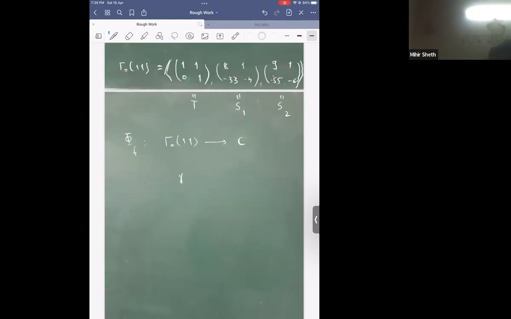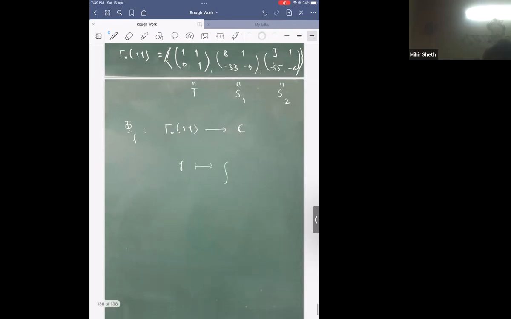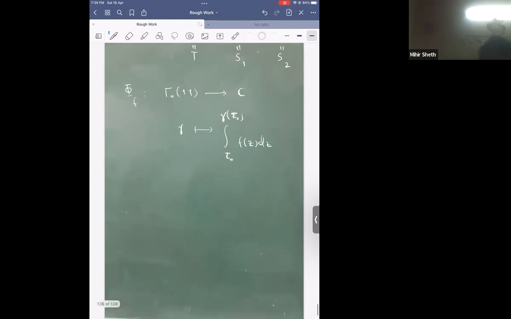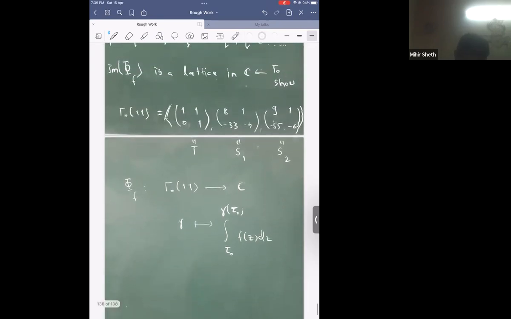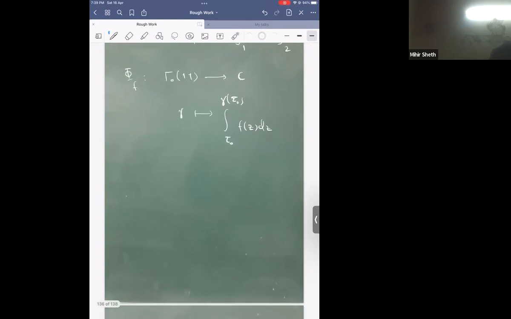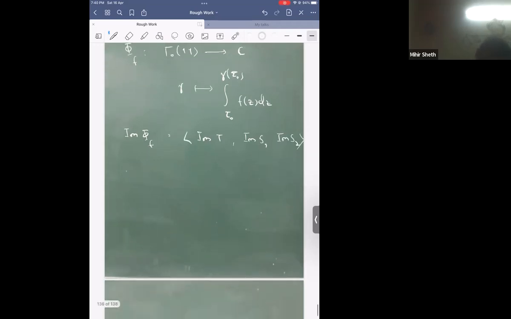Recall that my phi_f was a group homomorphism from Gamma_0(11) to C, defined as follows: you take gamma and send it to the integral from some fixed base point tau_0 to gamma of tau_0 of f(z) dz. So let's look at the image of phi. The image of phi is of course generated by the image of T, the image of S_1, and the image of S_2. Now the image of T is 0.